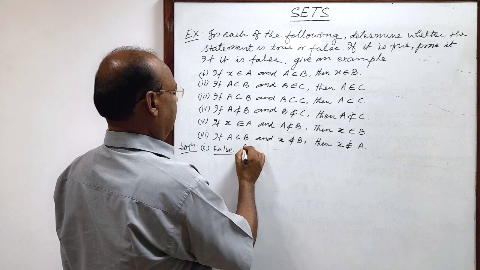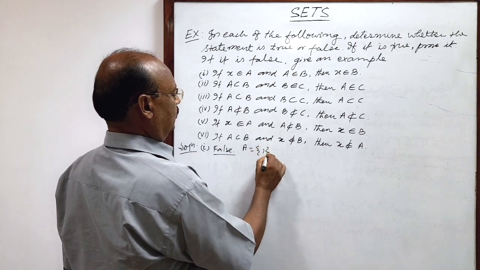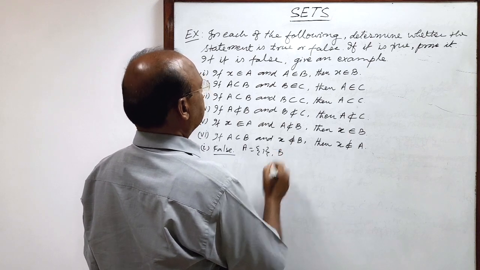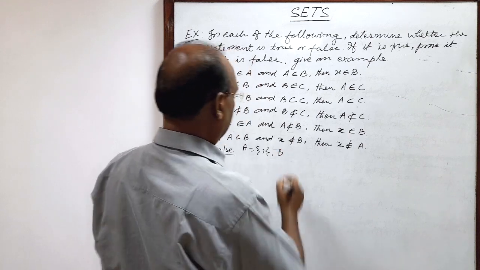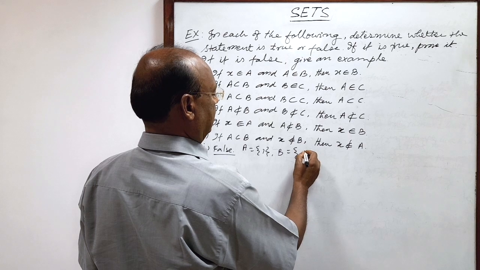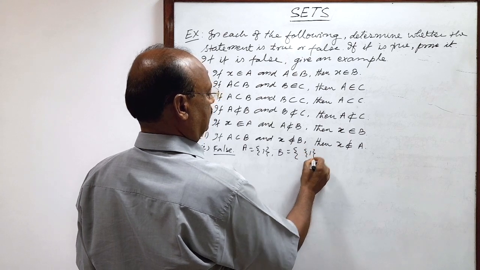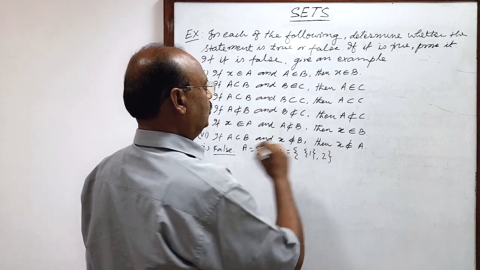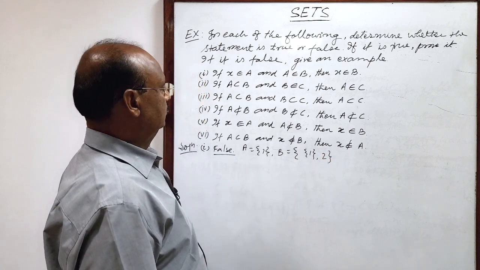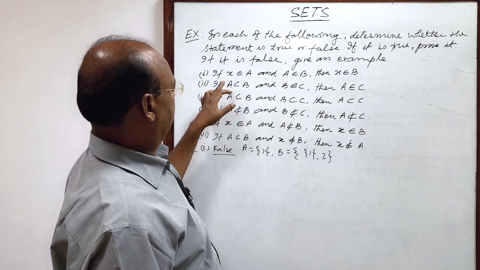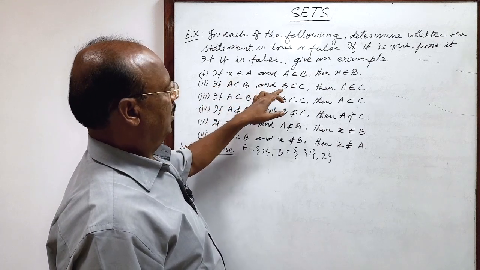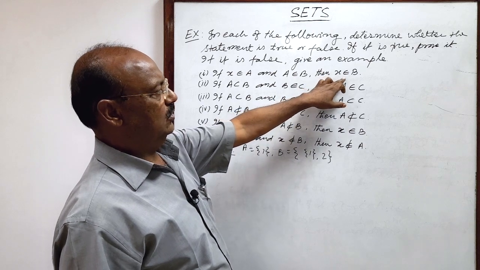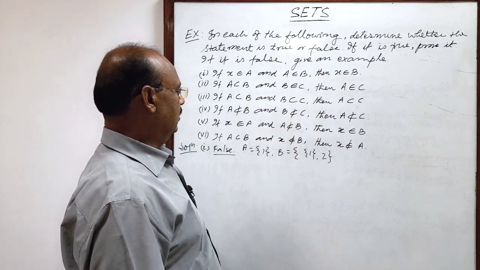Suppose set A is having one element, 1, 2, and set B is having this set consisting of elements 1 and 2. So this condition is here and we have to show that X belongs to B is false.